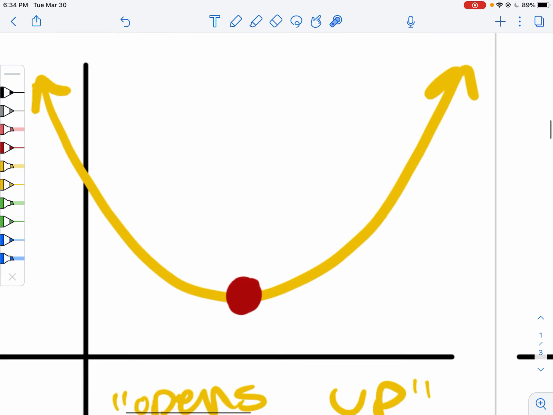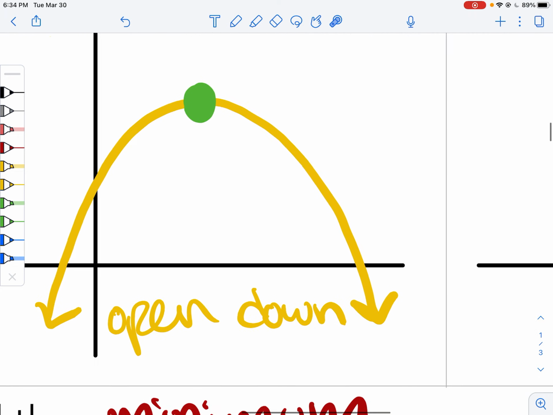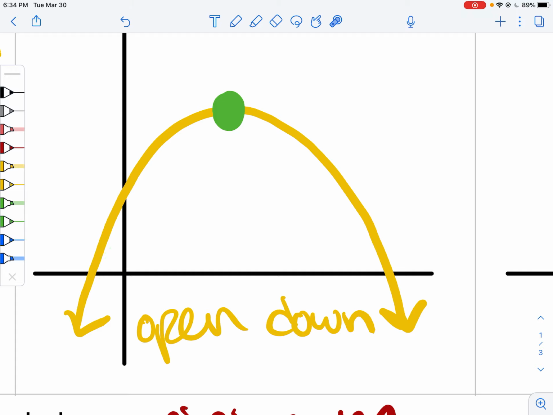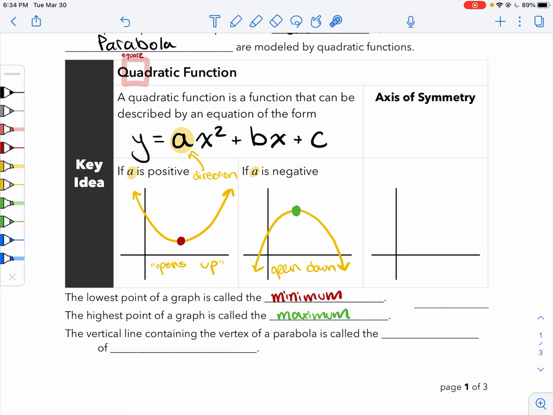You'll notice that this graph doesn't have a maximum because it keeps going up and up forever. This graph doesn't have a minimum because it keeps going down and down forever. Either way, these points we call the vertex.